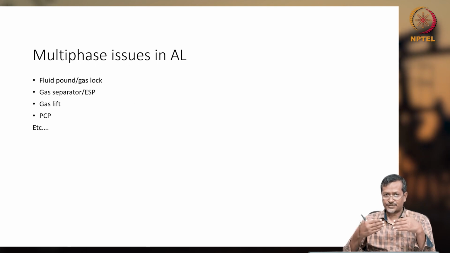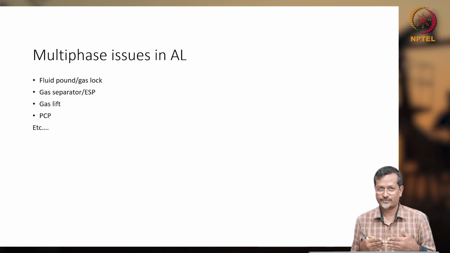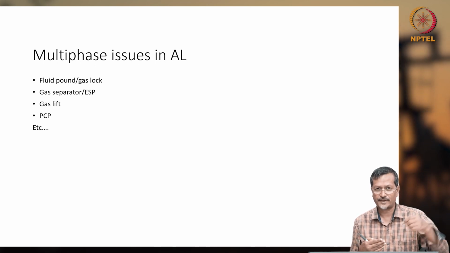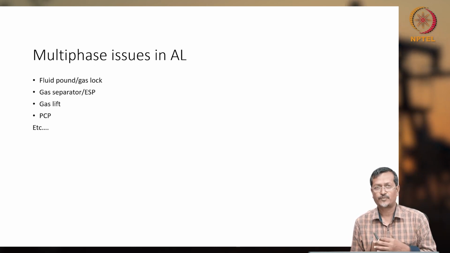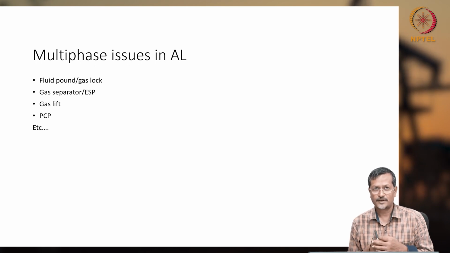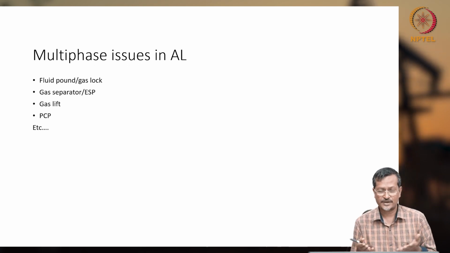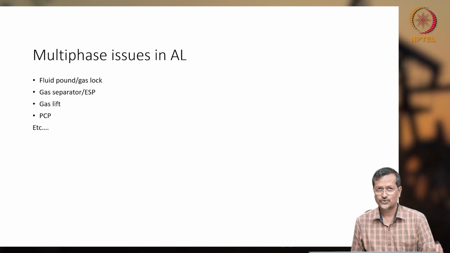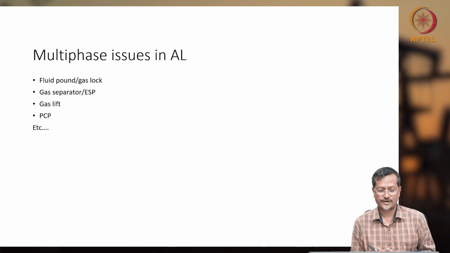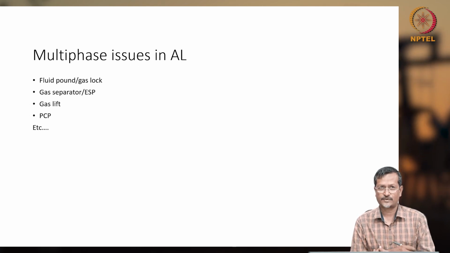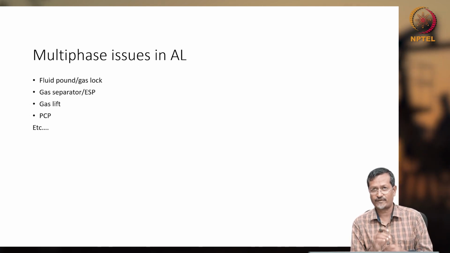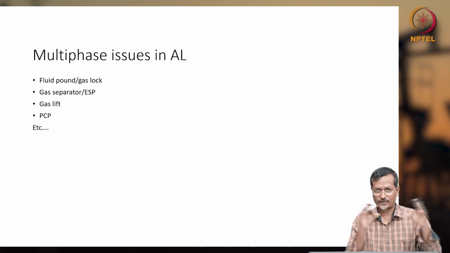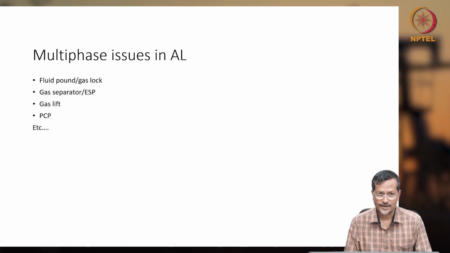If you get more emulsion, maybe you will get more problems because of viscosity, and your electrical power for pumping will be more. But if you have more gas, it may cause failure of your ESP system or sucker rod pumping system or other pumping system. Whenever we discuss different types of artificial lifting systems, at that time we will discuss in detail how gas will affect your pumping system and how it will affect the economy of the whole production system. So thank you very much.